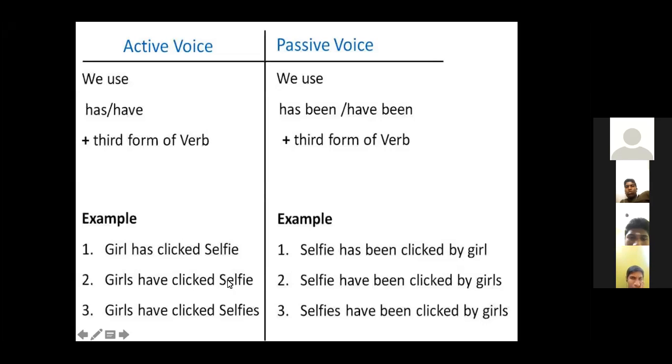Girls have clicked selfies. Selfies have been clicked by girls. So even the plural forms, when you are changing, if the subject is also in the plural, the have and has will change according to it.